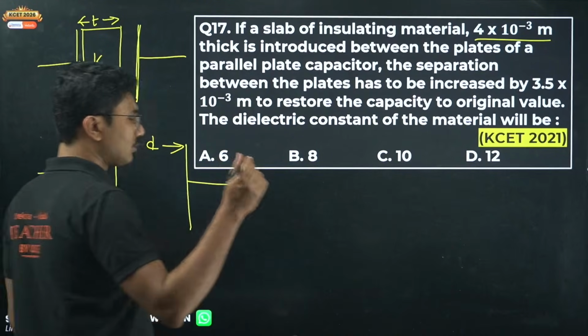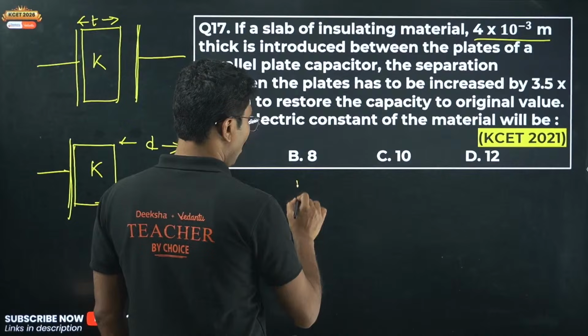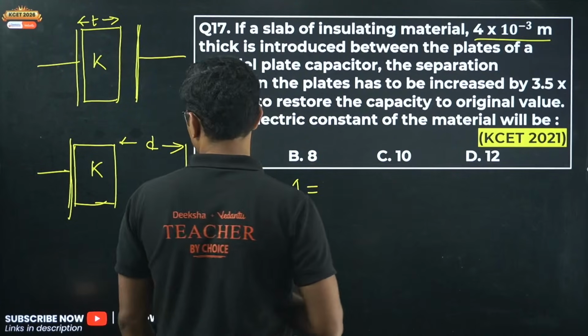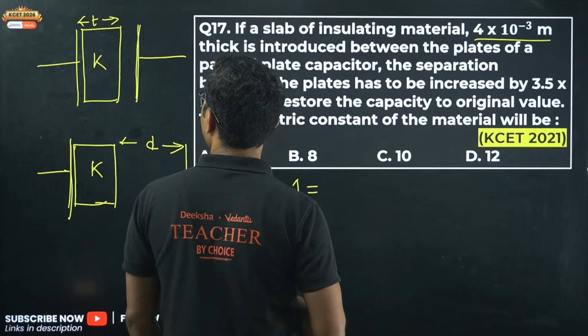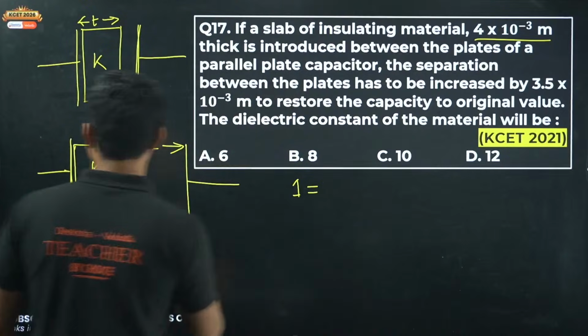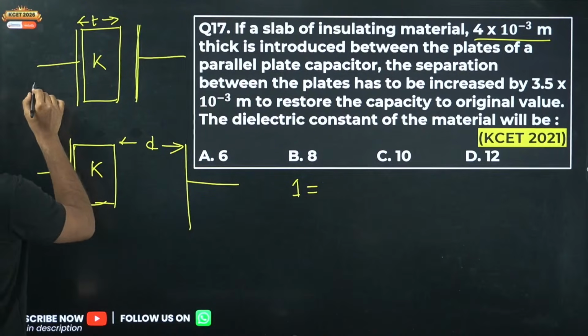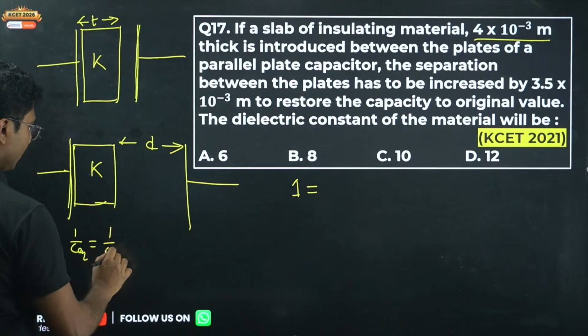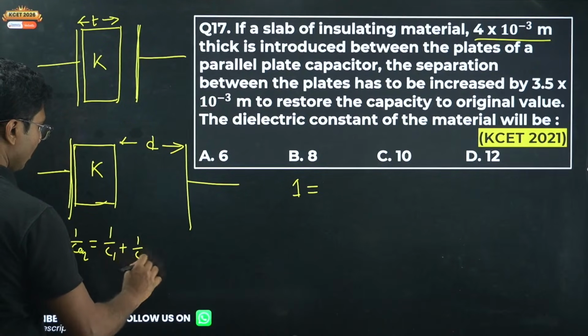So the shortcut formula is, let me see, 1 by C equivalent equals 1 by C1 plus 1 by C2.